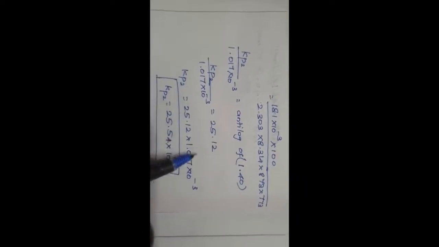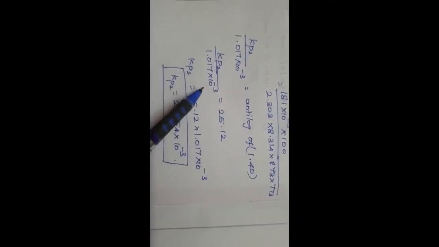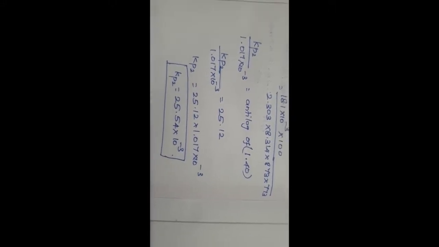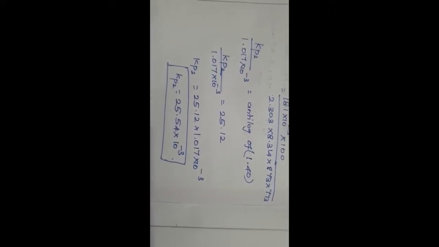Taking the anti-log of 1.40 we get 25.12. So Kp2 divided by 1.017 into 10 power minus 3 is equal to 25.12. Therefore, cross multiplying, Kp2 is equal to 25.54 into 10 power minus 3. So this is the equilibrium constant Kp at 600 degree Celsius.